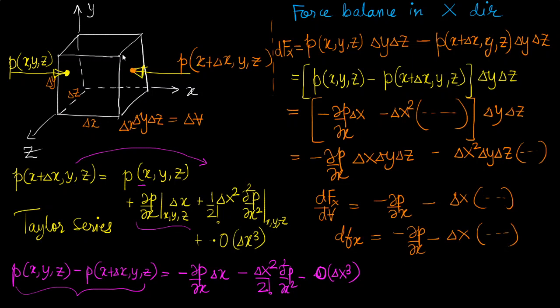Now as we shrink the size of this fluid element, that is, we let delta x go to 0, delta y go to 0, delta z go to 0, this particular term cancels out. So essentially we are trying to find out the force due to pressure on a differential element, and this gives rise to dfx equal to minus del p del x.